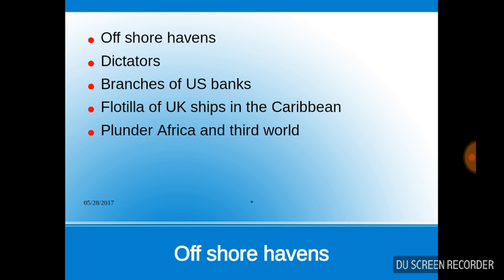Then we get this thing about offshore havens and a misunderstanding of what really is going on. Offshore havens were started in the 50s and 60s by mainly British and American multinational companies. You should understand them as being flags of convenience.